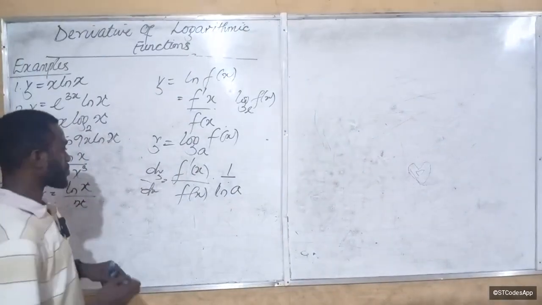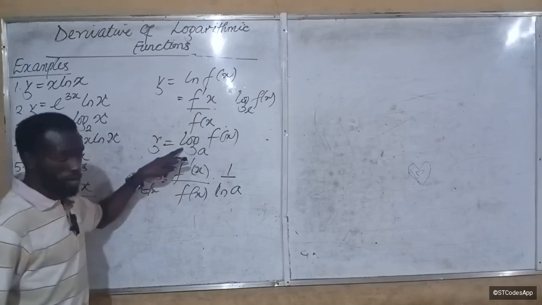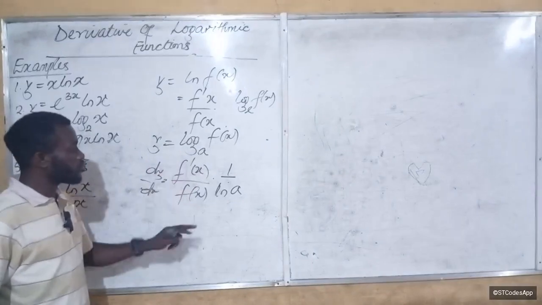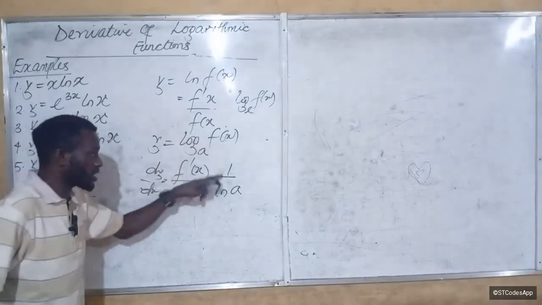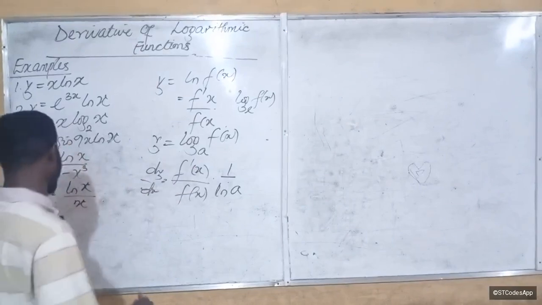Is this clear? The derivative of a logarithm to a base that is not e is the derivative of the function over the function times 1 over ln of your base, okay?